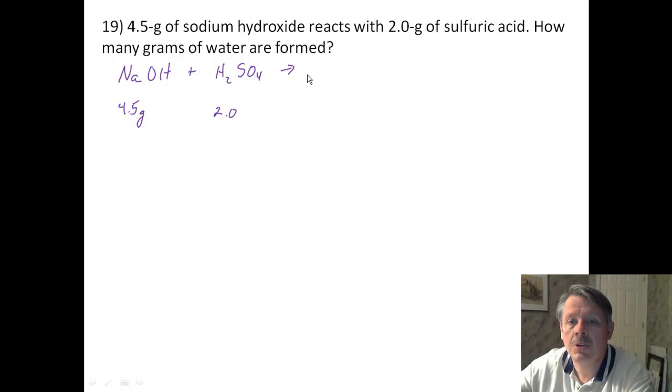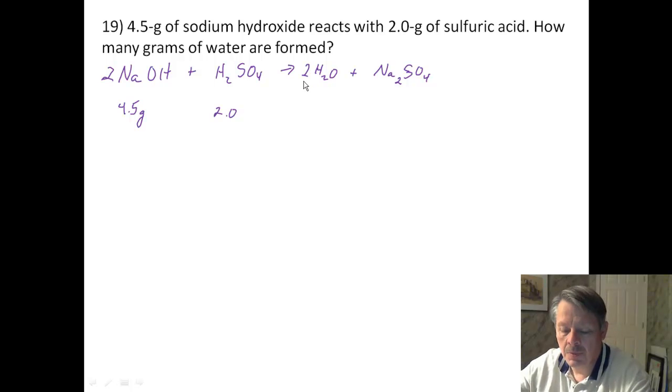Well, this is a double replacement reaction, and it produces H2O, and it produces sodium sulfate. And sodium has a +1, sulfate has a -2, so that's Na2SO4. Everything else is already balanced. To make this thing balanced, we have to put a 2 in front of the NaOH. That's going to give us 2 waters. So we are now balanced.